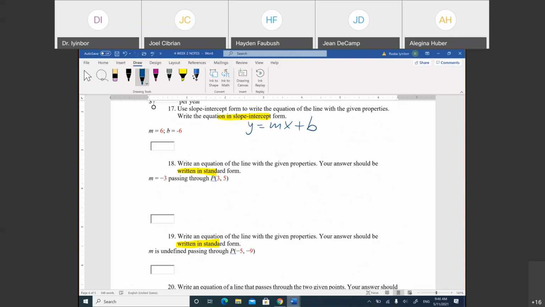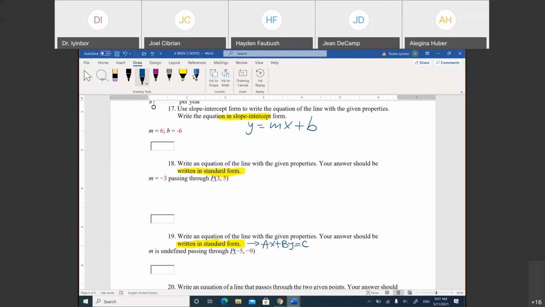Standard form is ax plus by equals c. This is standard form. So standard form means x and y on the same side, and it's equal to a number. Slope-intercept means y is by itself, okay?